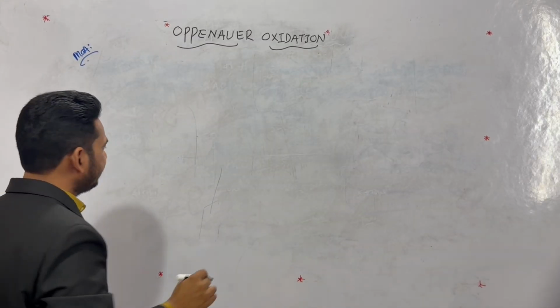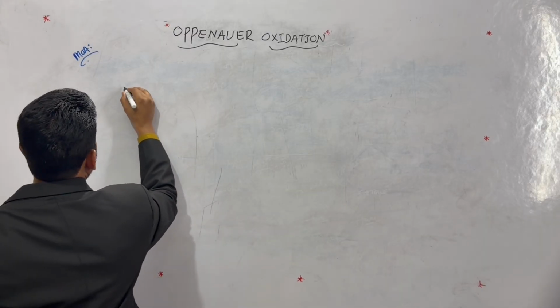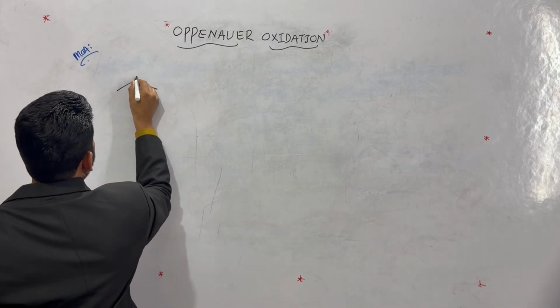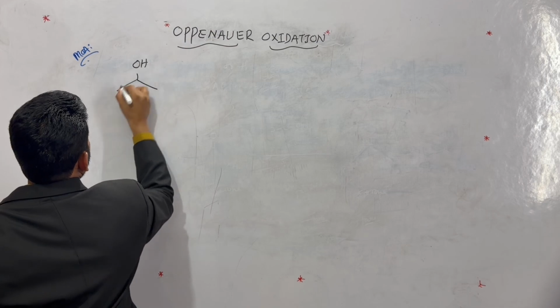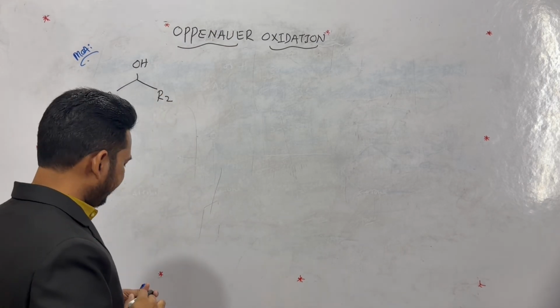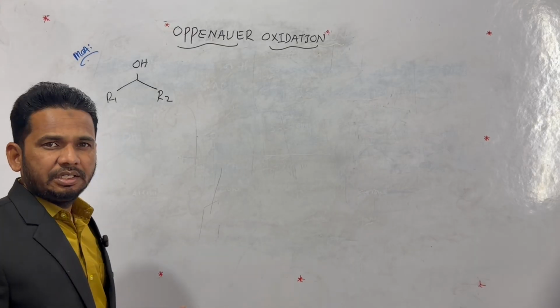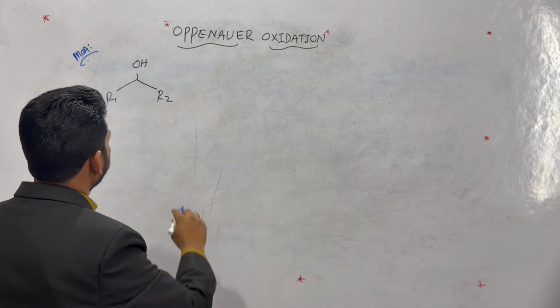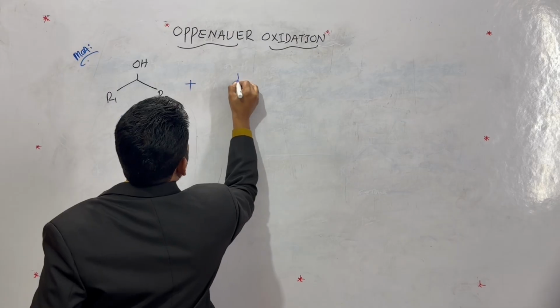What was the reaction? Initially we are taking the secondary alcohol. Then what is the catalyst we are using in this case? Butyl oxy aluminum.